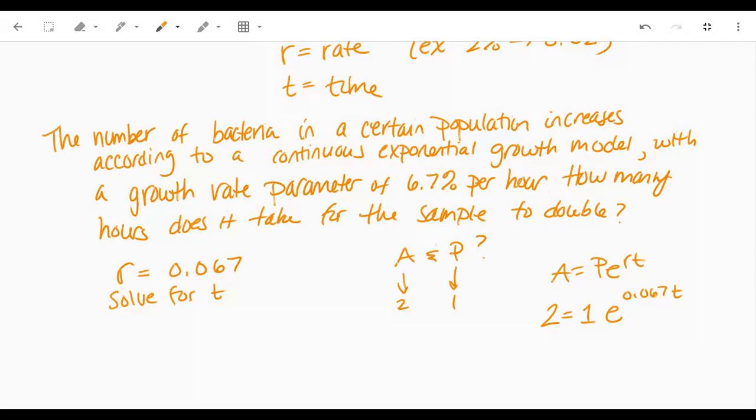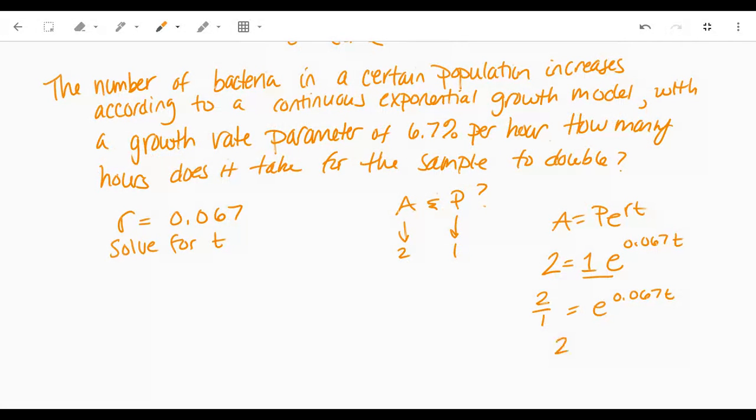Well, the first thing that you would do is divide by 1. Right, if that was a number, so you would have 2 over 1 equals e to the 0.067t, or obviously 2 is e to the 0.067t. Okay, and it doesn't matter because, like, if I made a be 72 and p be 36, a is double p, right?